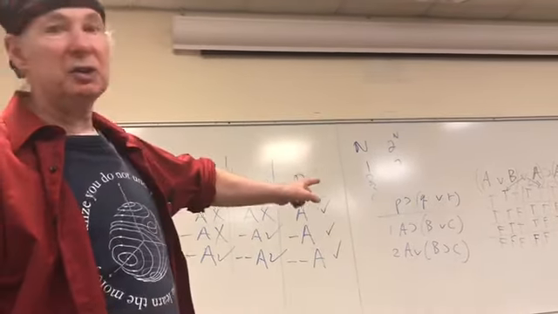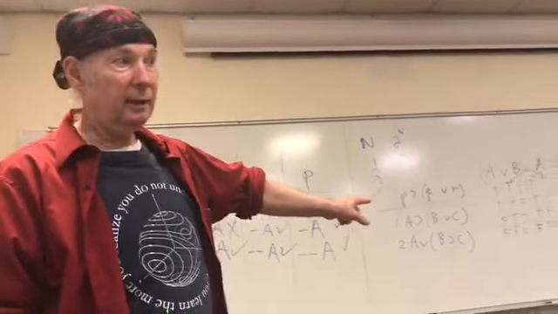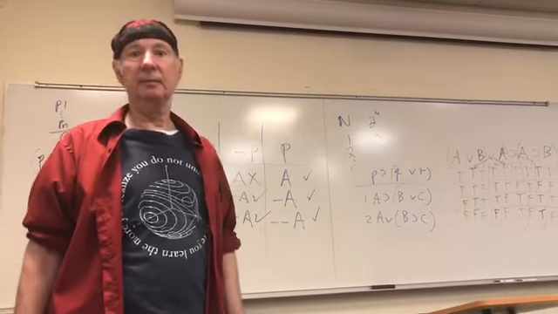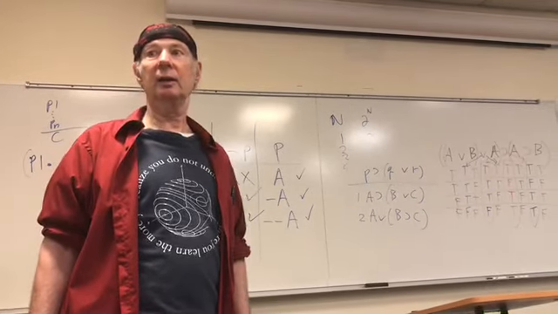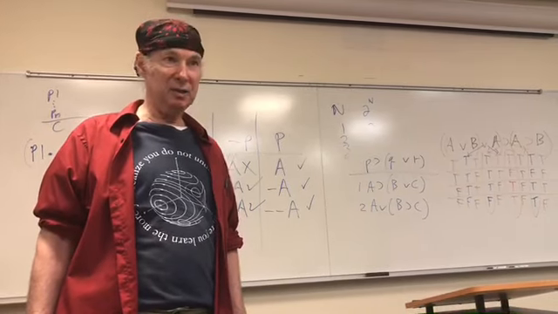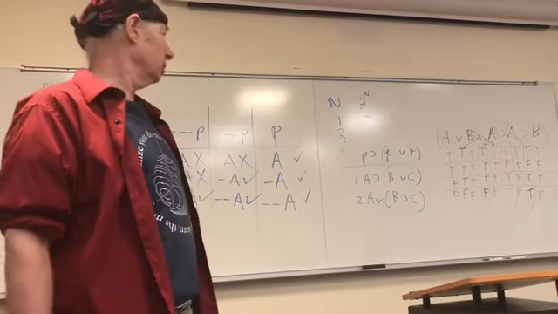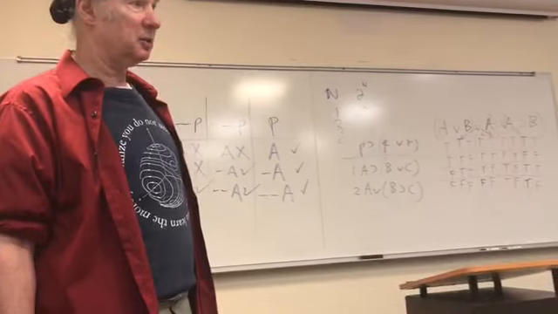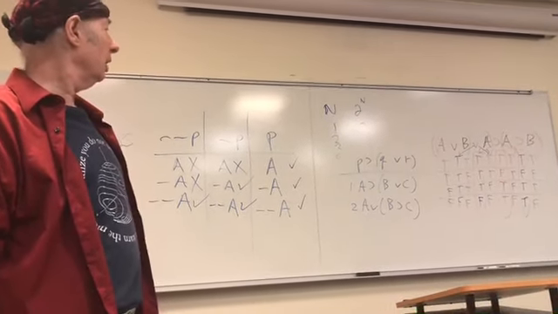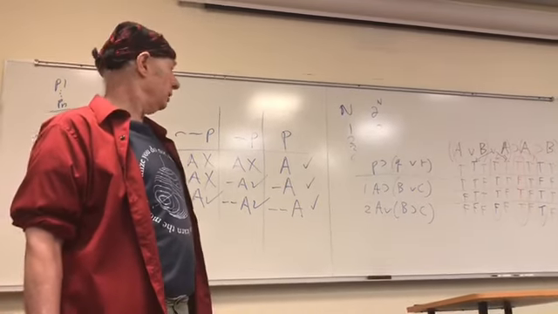In the second sentence, the horseshoe, in its scope, just has B and C. So the scope size of the horseshoe in the second sentence is smaller than the scope size of the wedge.